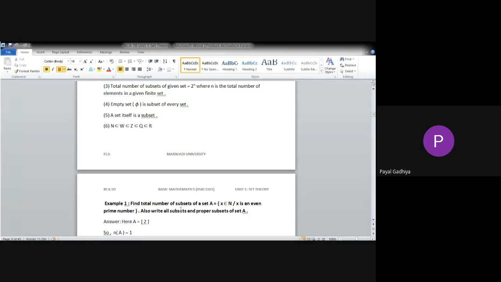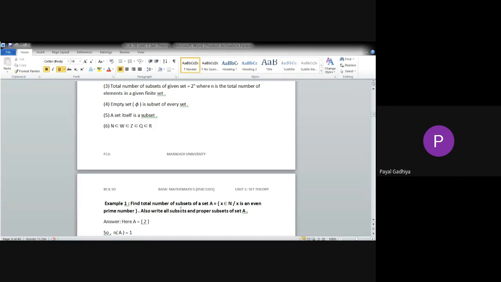So let me just tell you that if we are taking 7 as a number, and I want to factorize 7, then 7 equals 7 into 1. Now, if I'm talking about 11, then 11 equals 11 into 1. So these numbers are prime numbers.